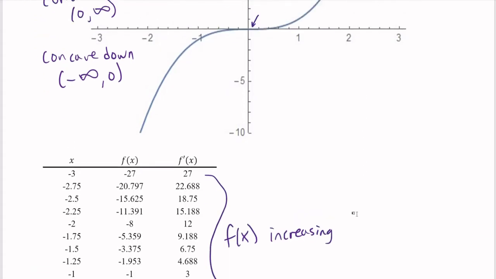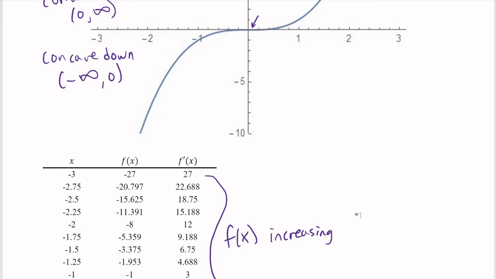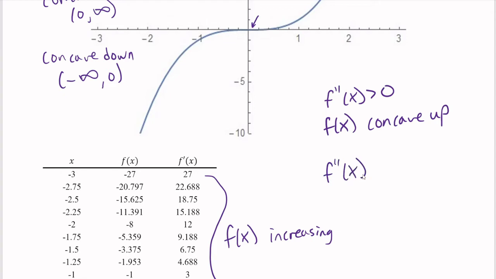All right, and so here's the way it works. I'm just going to lay it out on there. If the second derivative of a function is positive, the function is going to be concave up. If the second derivative is negative, the function is going to be concave down.